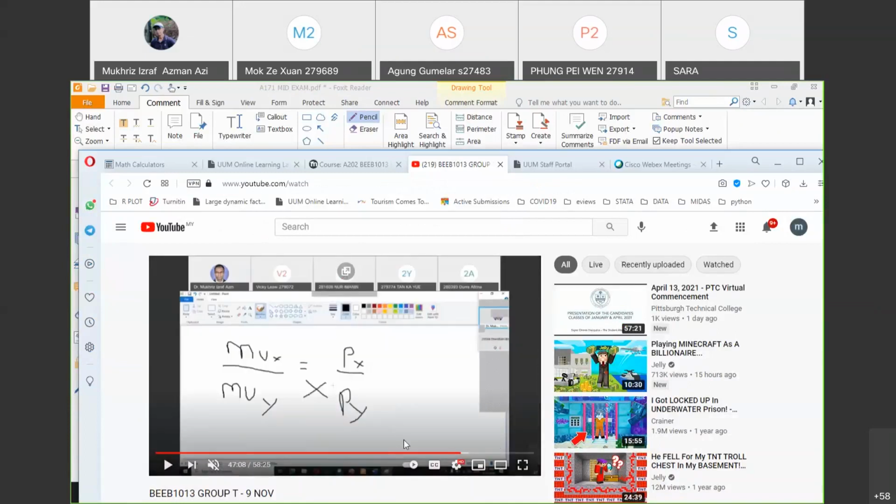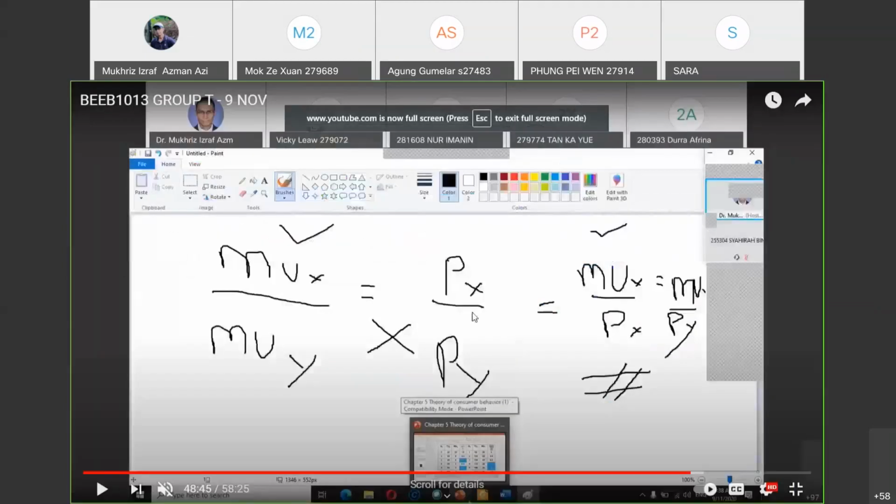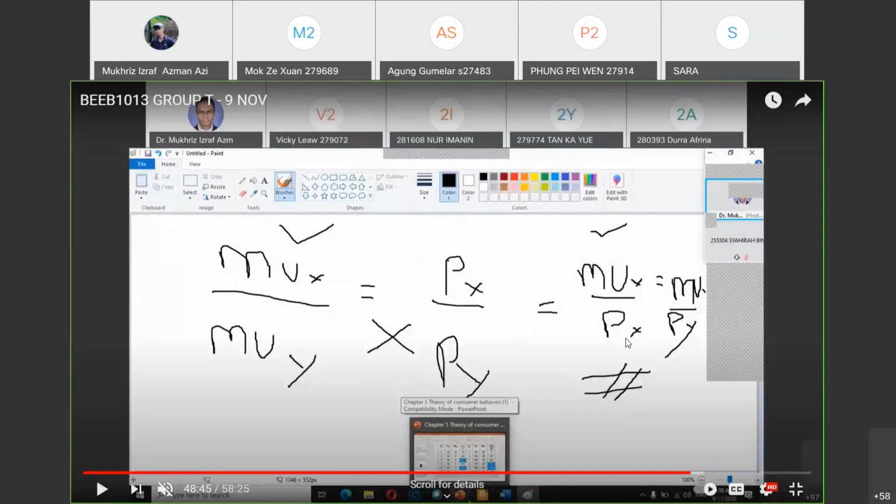When you cross multiply, it also means marginal utility per dollar spent: MUX per PX equal to MUY over PY. So this is what it means by marginal utility per dollar or per ringgit spent.